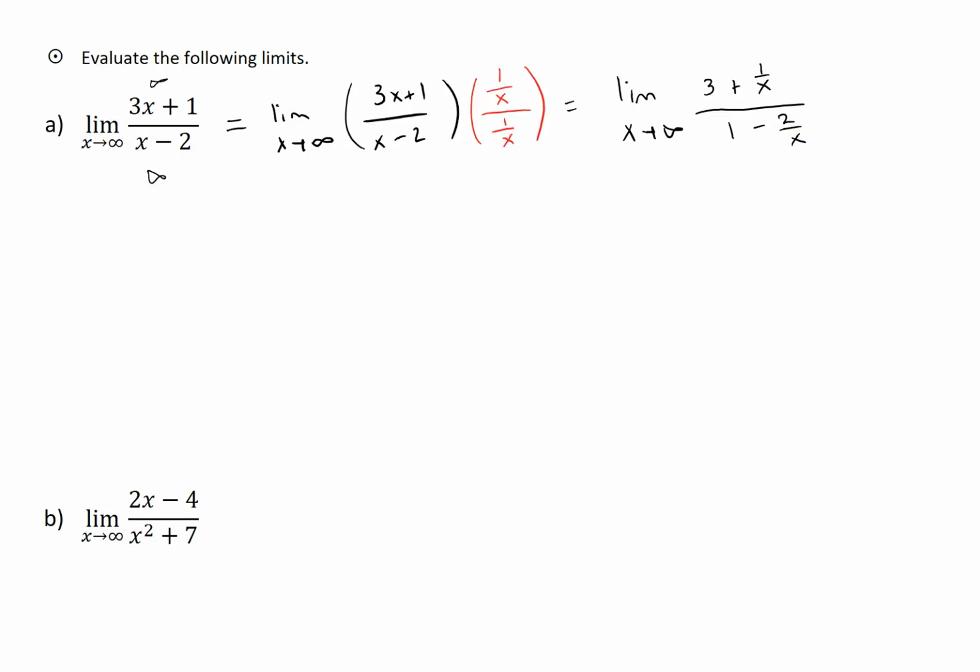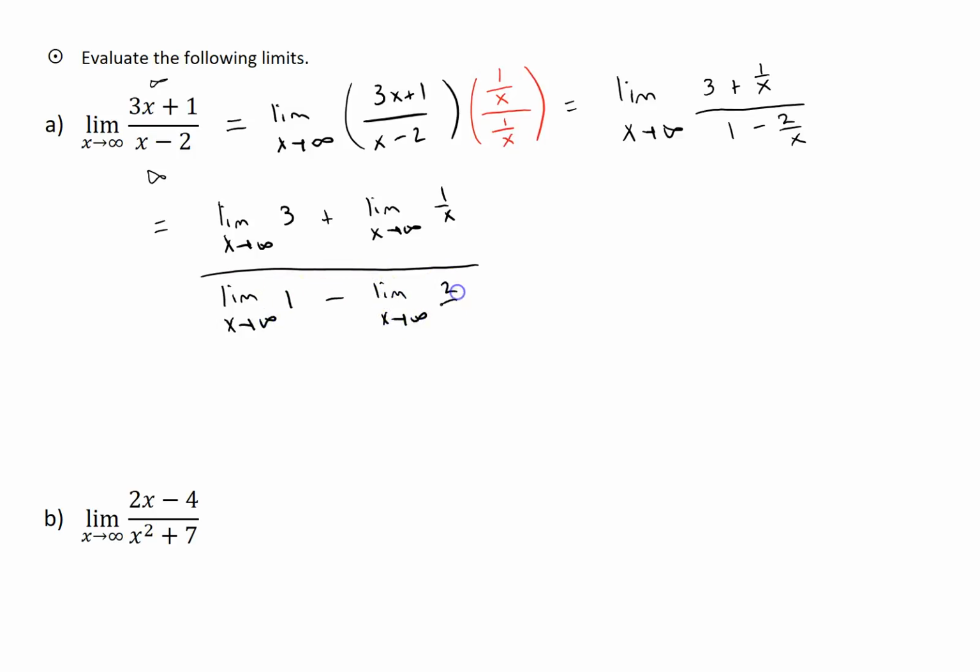So if you look at this now, you've got constants and you've got a number divided by x to a power. So I could think of this as the limit as x approaches infinity of 3 plus the limit as x approaches infinity of 1 over x divided by the limit as x approaches infinity of 1 minus the limit as x approaches infinity of 2 over x.